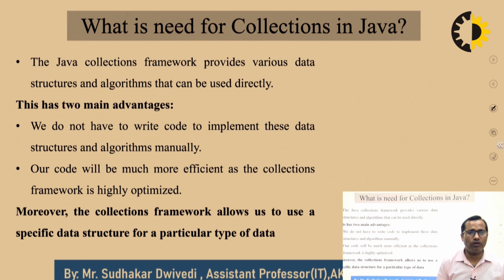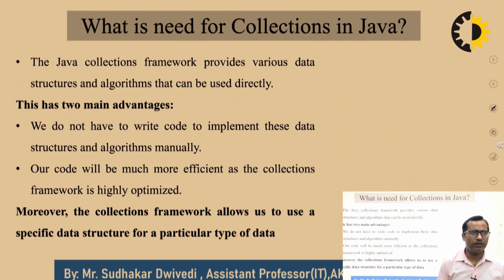That means we do not bother about the optimization of these types of algorithms. The algorithms written in this framework are already optimized for all types of operations. So there are two main advantages of collections in Java.